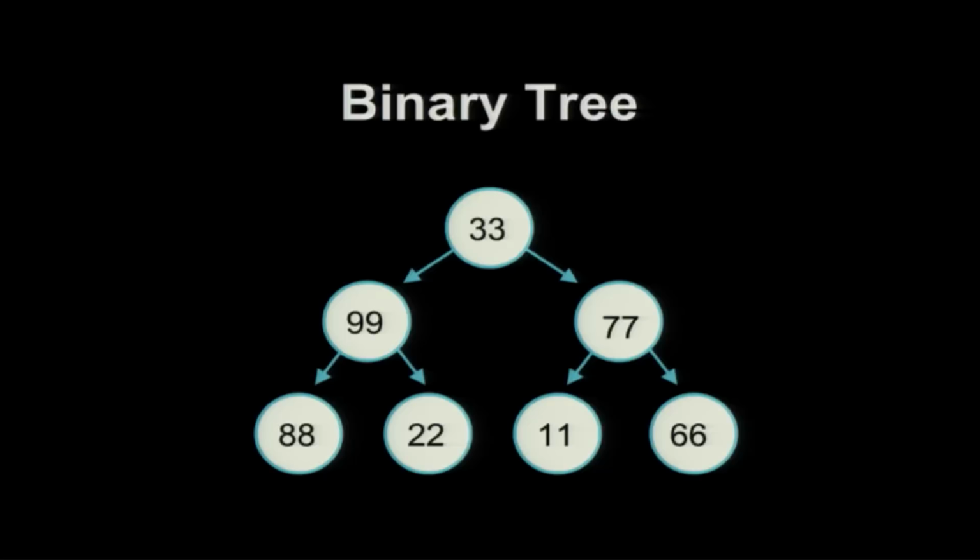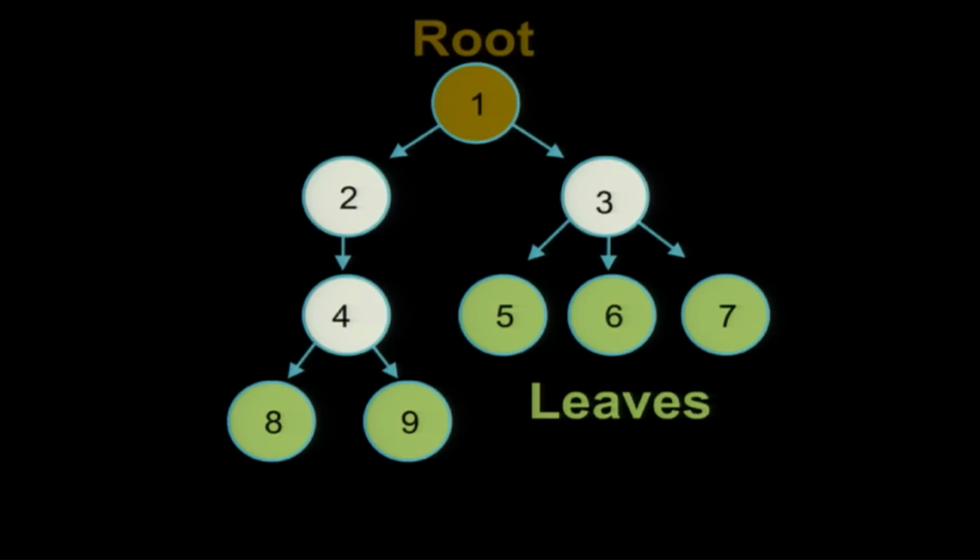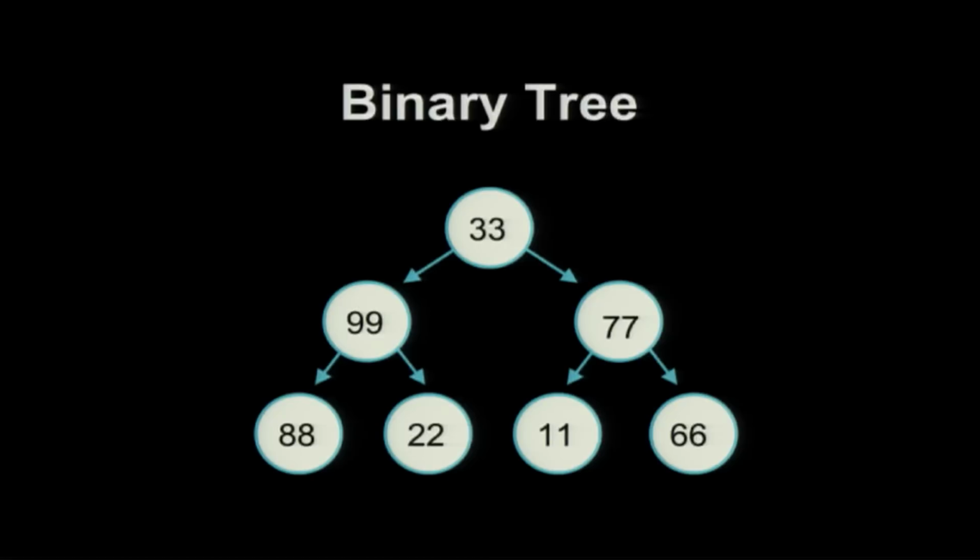Cool. So a binary tree. Can anyone hazard a guess at one of the characteristics of a binary tree? Max 2 leaves. Right, so in the one before we had a node with 3, but in a binary tree you have a max of 2 children per parent. There's another interesting characteristic.